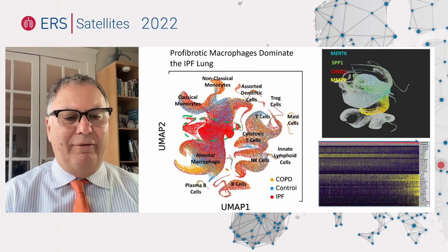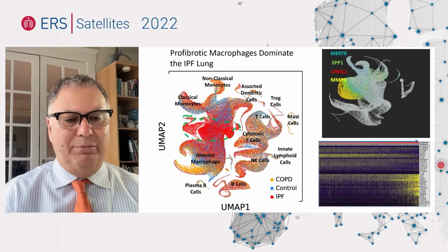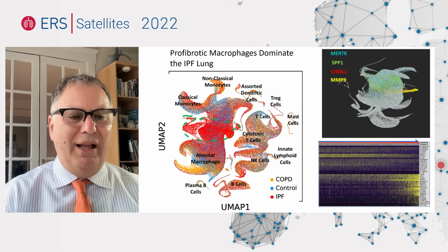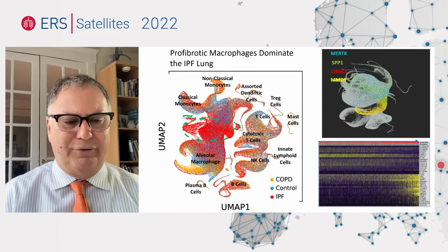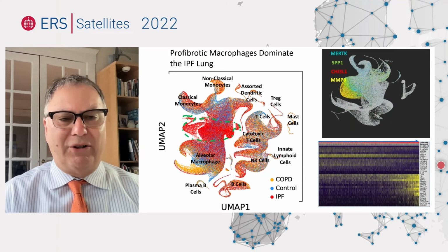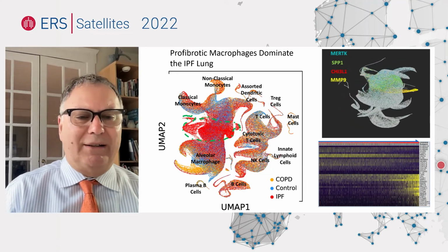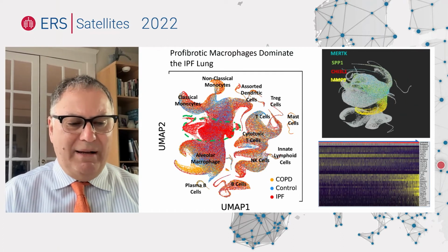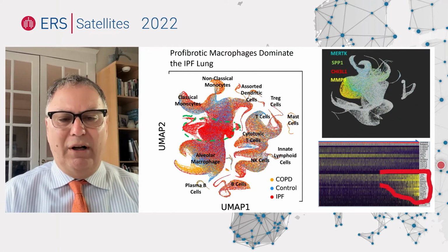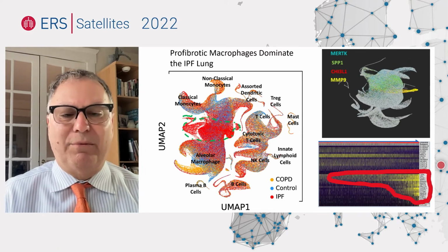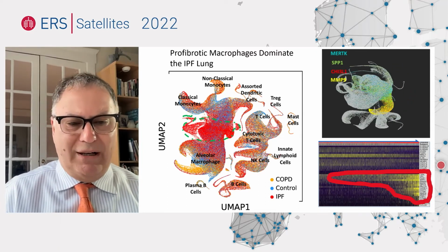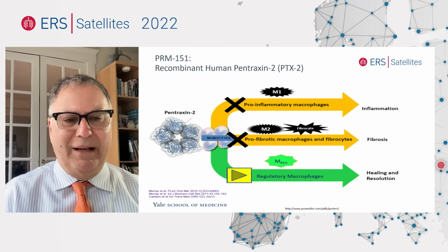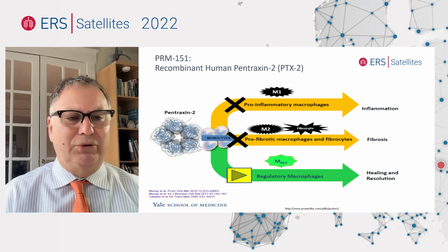So red is IPF, yellow is COPD, and blue is control. And you can see there is this bleb here, which are macrophages. And they have distinct markers, including osteopontin, YKL-40, and MMP9. And basically, they have this signature, which is really associated with fibrosis. And frankly, if you have a drug that wipes this signature, you probably have a drug that treats fibrosis.